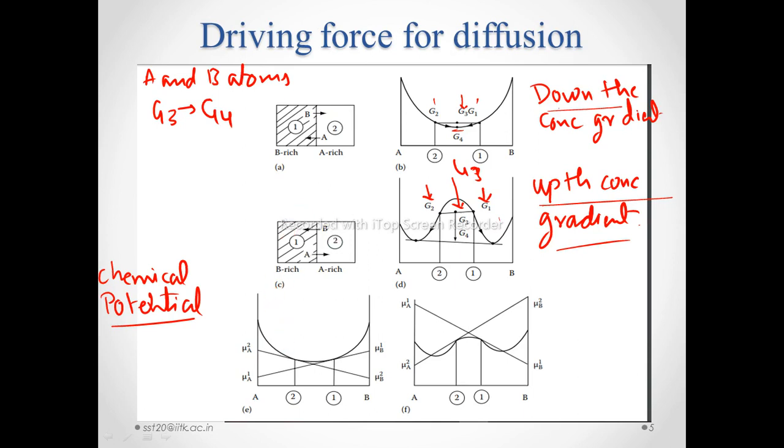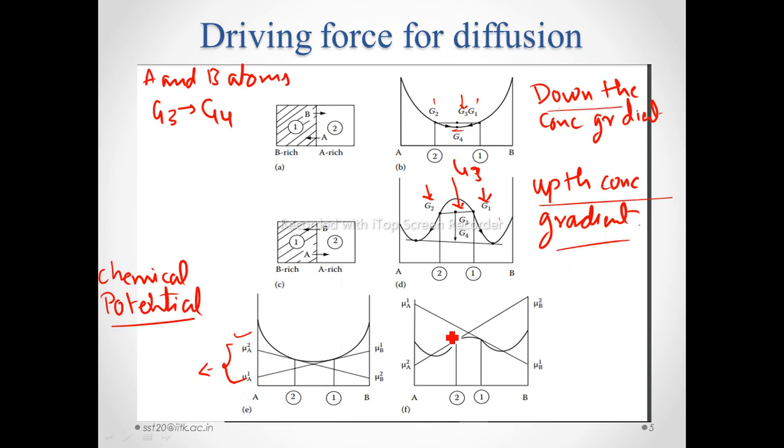I will demonstrate with an example. We know that chemical potentials are obtained by drawing a tangent at a particular point on the Gibbs free energy diagrams. I have drawn the tangents; this is the chemical potential of atom A in the second component and of atom A in the first component, and the difference between these two gives rise to the driving force. This is from higher to lower.